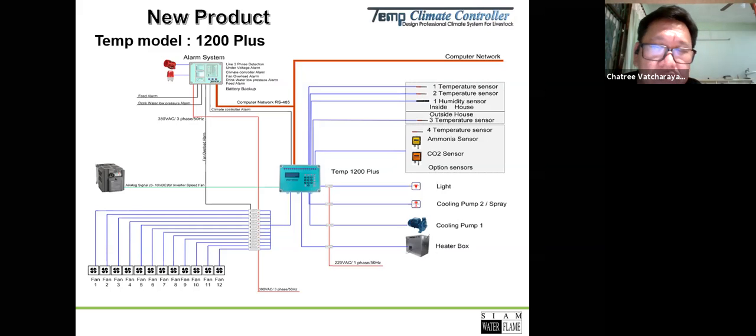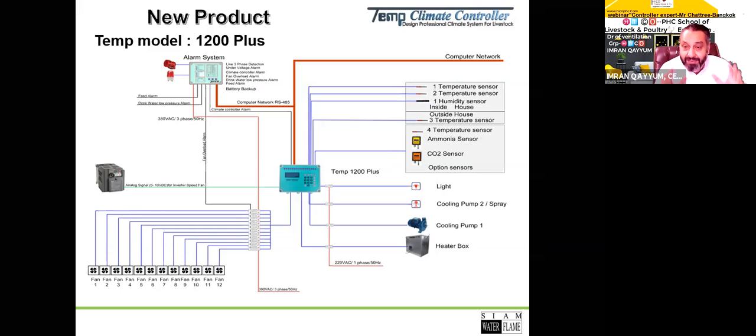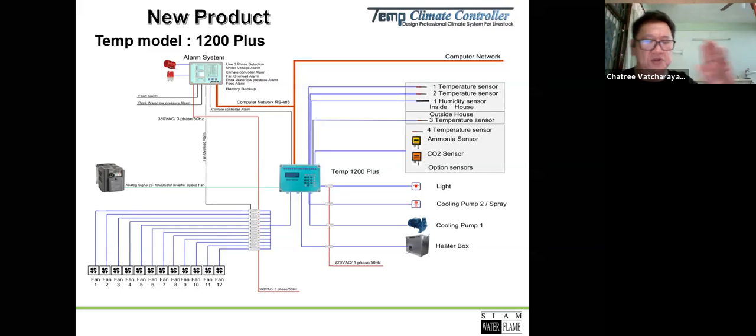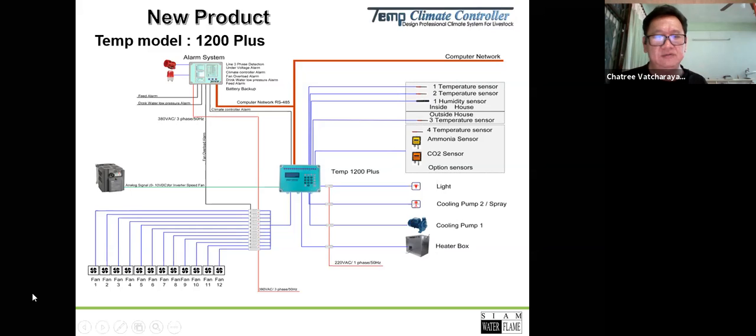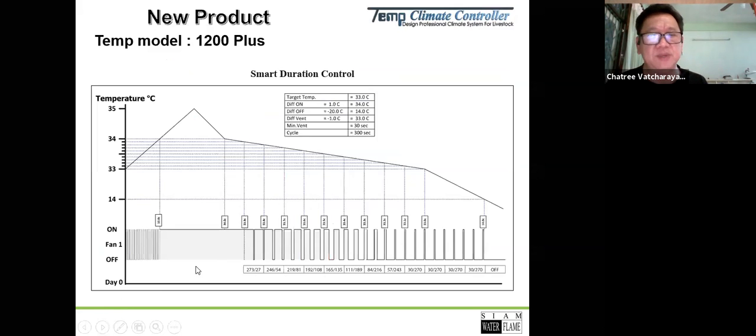For the winter ventilation and negative pressure control ventilation, what is the characteristic of this controller and how does this controller control, especially in the winter ventilation? What phenomena are adopted by this controller? This one, I will explain on the next page.